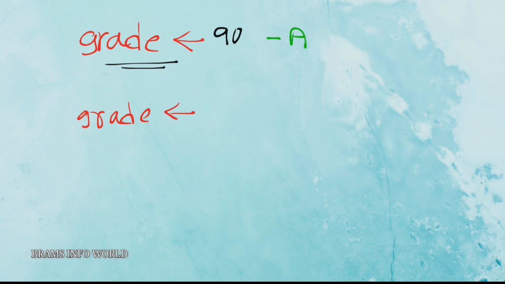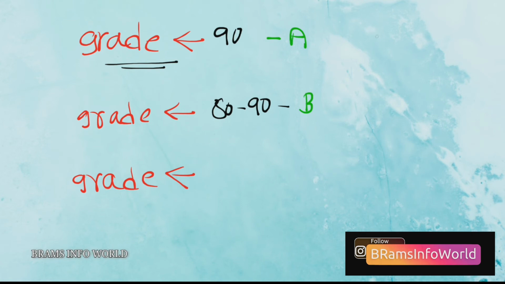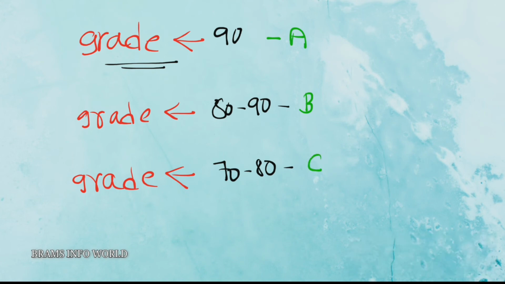If marks is more than 90, then grade A. If marks is between 80 to 90, then grade is B. If marks is 70 to 80, then grade is C. If marks is below 60, then we have to write D as the grade.